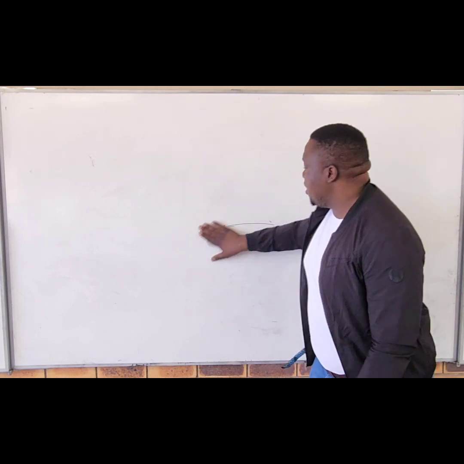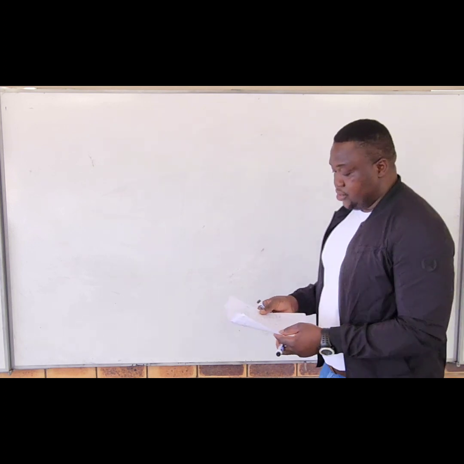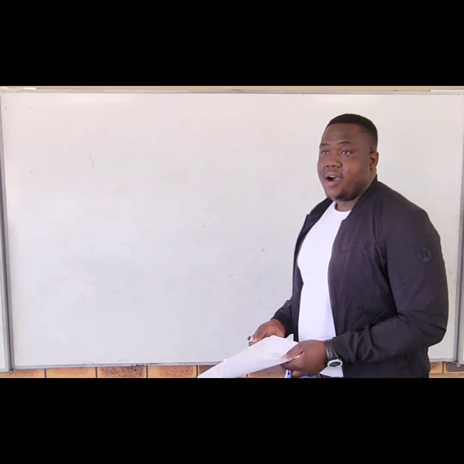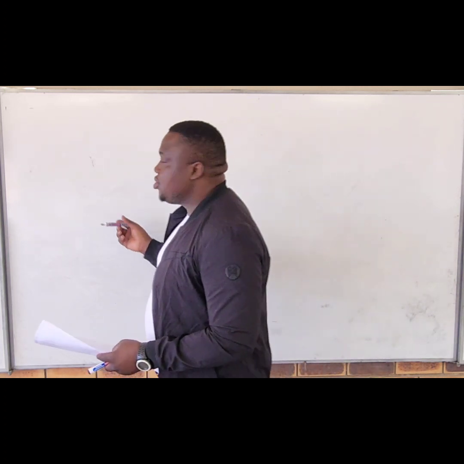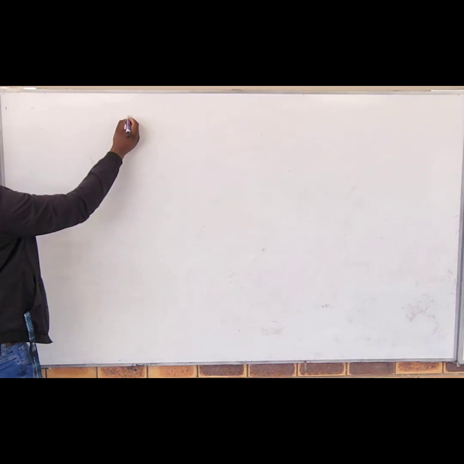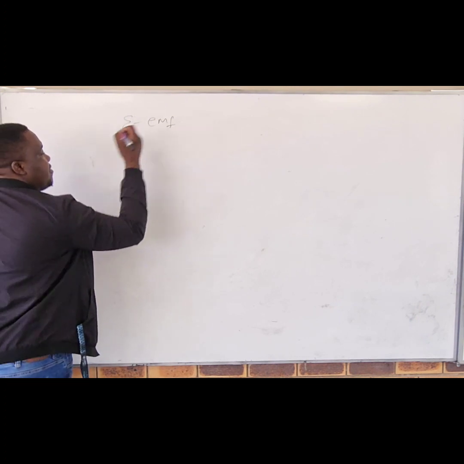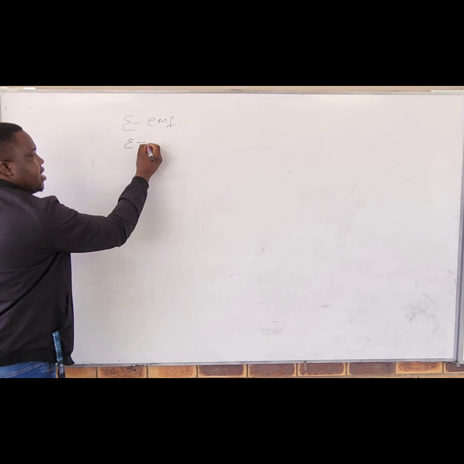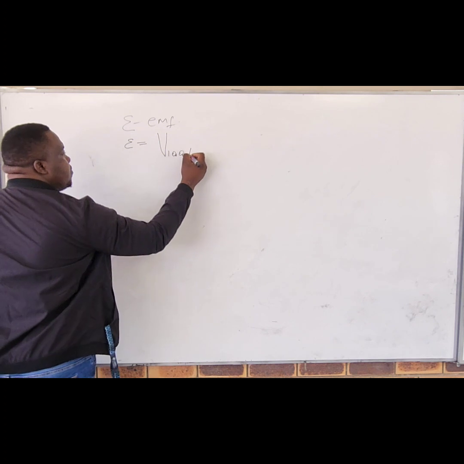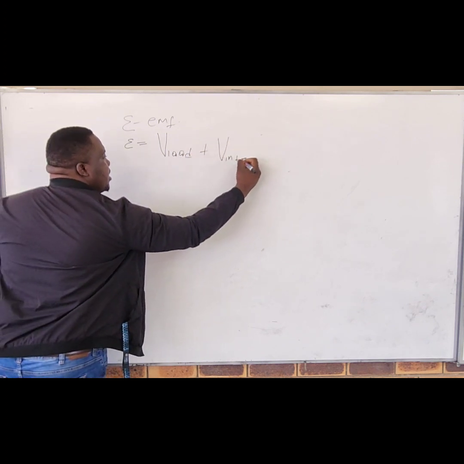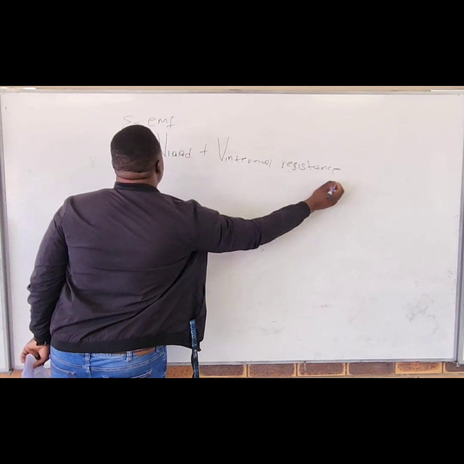So all this information that I showed you leads us to the following. I've already introduced EMF to you and I said it is examinable. It leads us to calculations and a formula, which says E, which represents the EMF, is equal to V load plus V internal resistance.